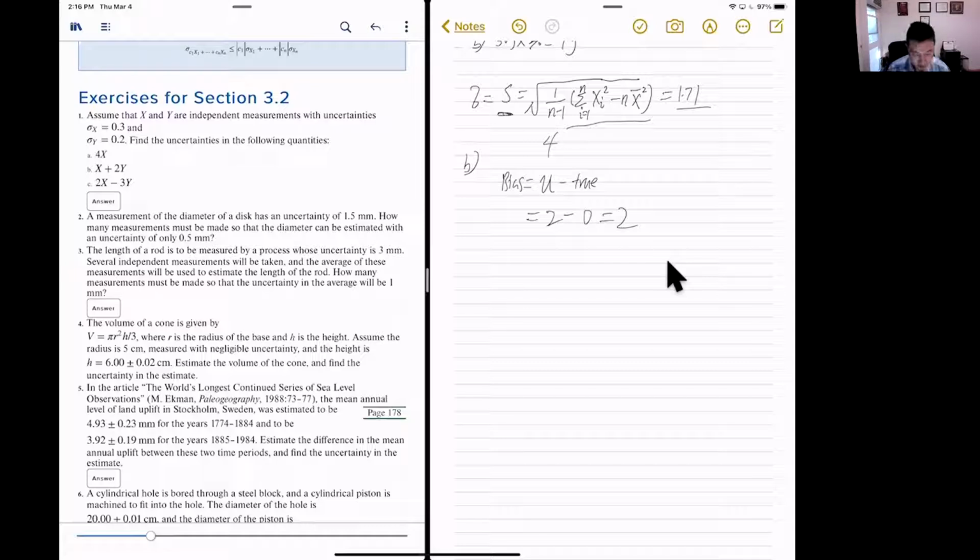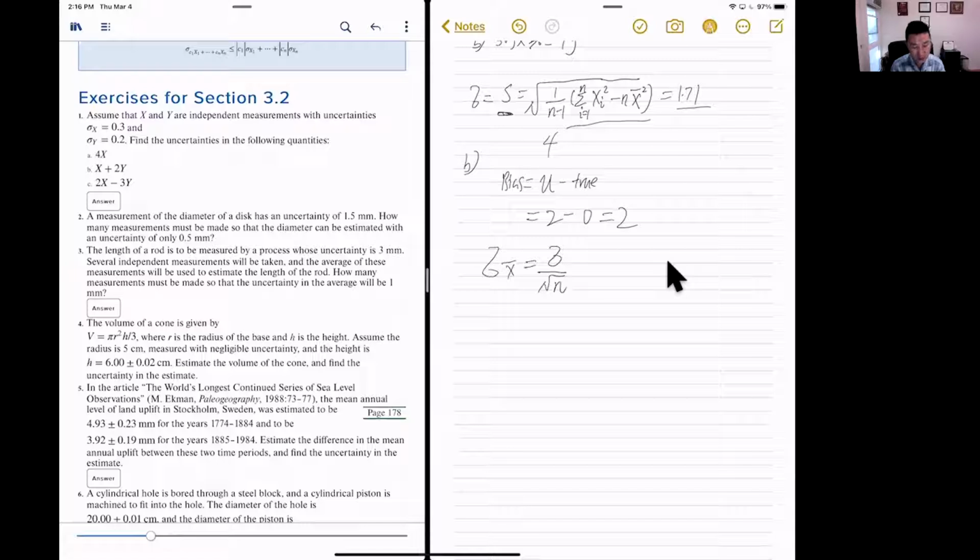So from chapter 3, we learned when we increase the number of measurements, the uncertainty will become smaller. The equation for that is sigma of the mean measurement is equal to sigma over square root of n.